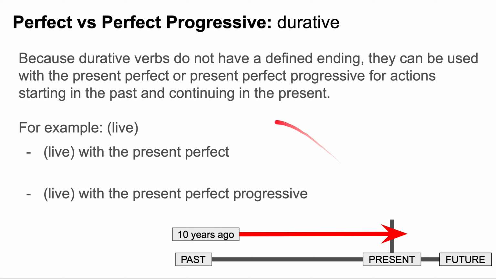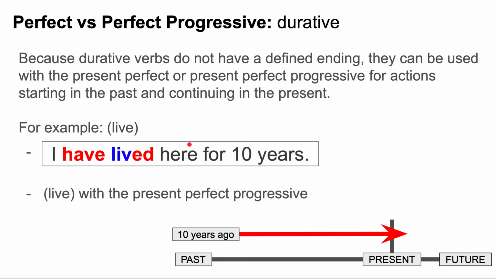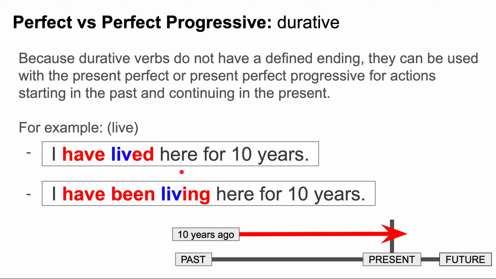Let's look at an example with live in the present perfect. I have lived here for 10 years. With the present perfect progressive, I have been living here for 10 years. Both of these sentences mean the same thing.